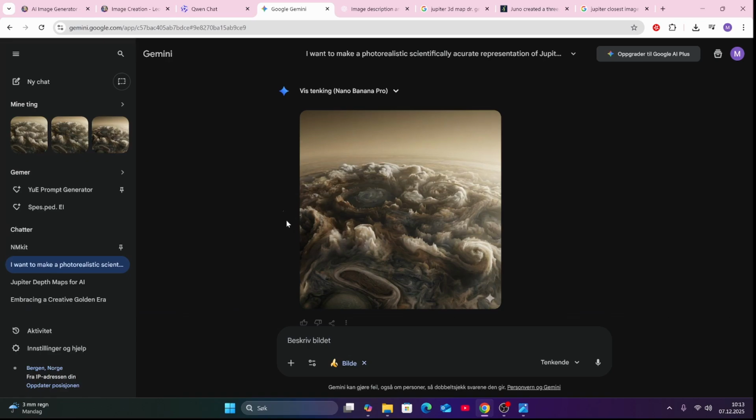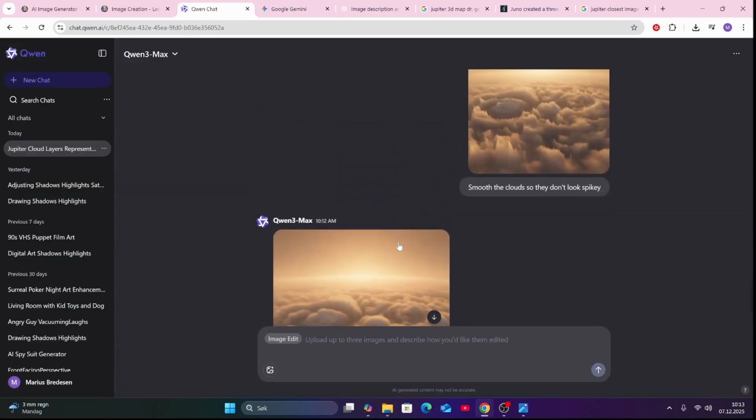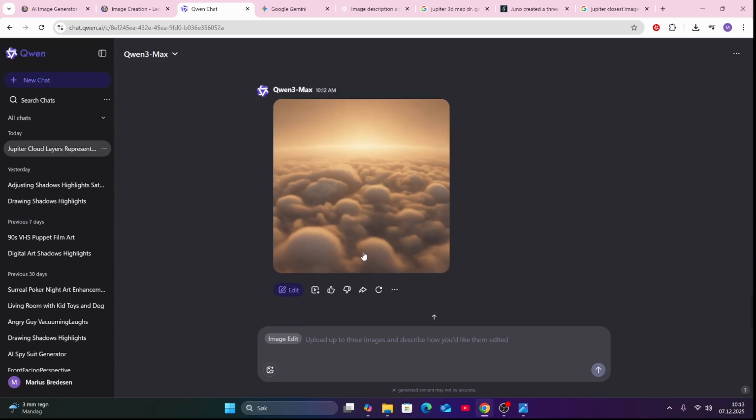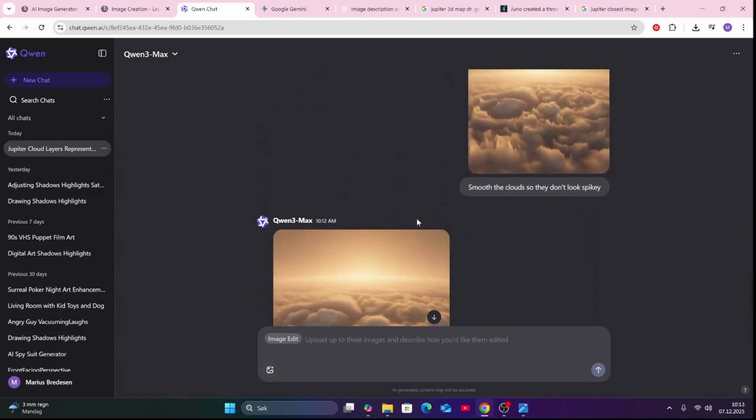It 100% uses the depth map I gave it, and everything comes together perfectly in here, but it doesn't actually look like a gas giant, while Qwen actually makes it look like a gas giant. So here you see it keeps pretty much the exact same topography. It only just straightens out the clouds essentially, which is exactly what I meant that it should do.